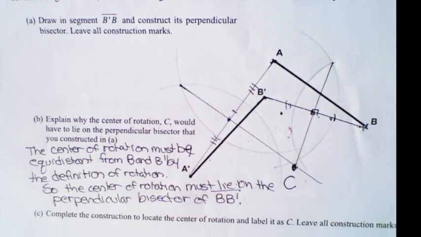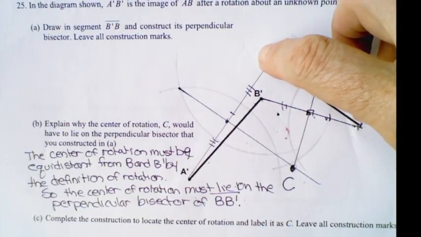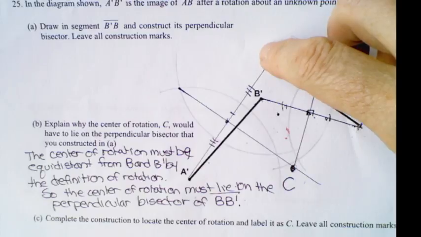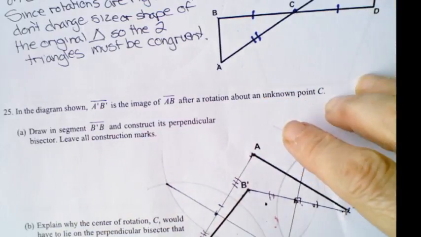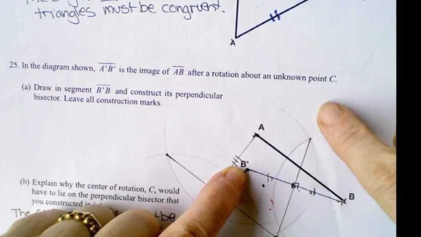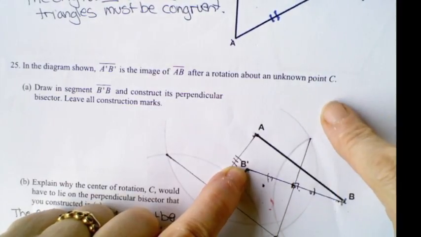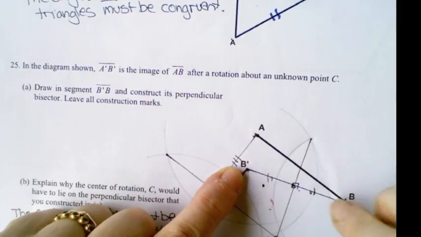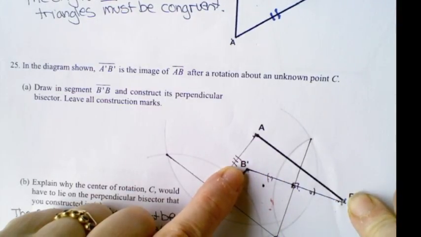And there it is. So again, here was my original image, and if I was going to rotate it, wherever it rotates to, in this case, B is going to rotate to B prime, I have to find that bisecting line, because it's always going to flip or go to the opposite side of the line of bisecting.